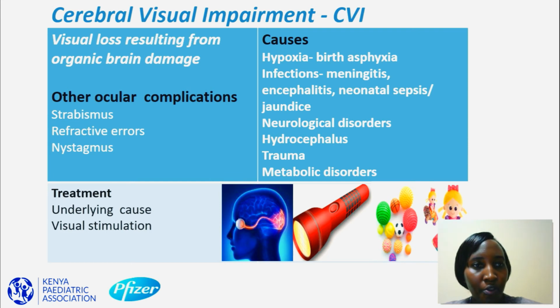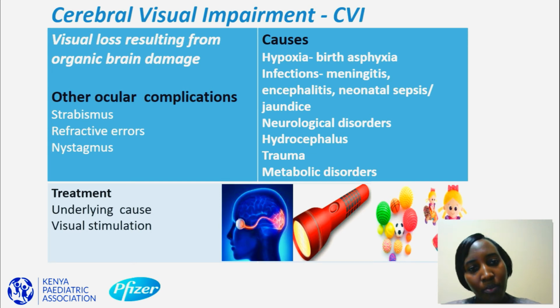Treatment of cerebrovisual impairment involves treating the underlying cause if possible, and visual stimulation. The poor vision in cerebrovisual impairment is most times very advanced, and therefore the response also depends on how much brain damage has occurred.